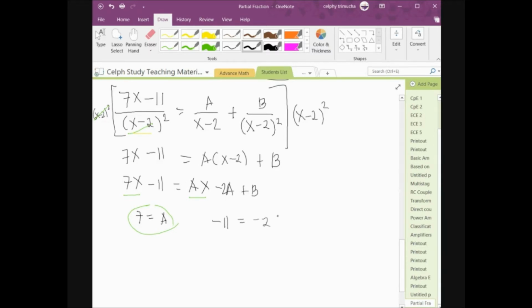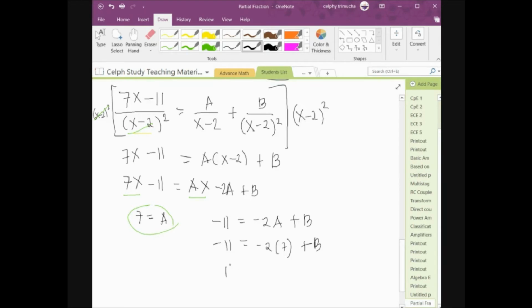Next, for the constants, we have negative 11 is equal to negative 2a plus b. Substitute the value of a that we got: negative 2 times 7 plus b. Negative 11. So I transpose negative 2 times 7, which is 14.